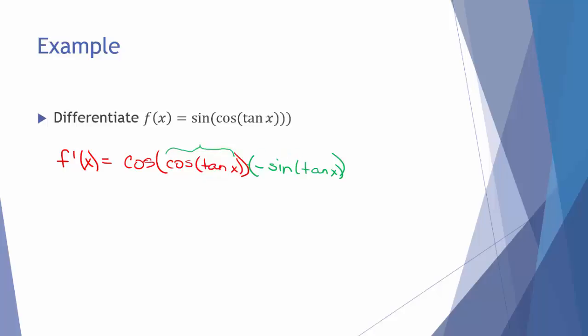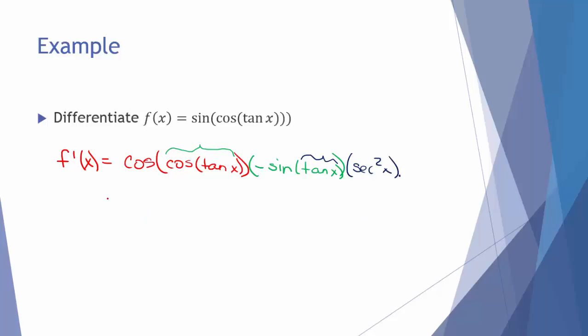But now that's the derivative of its outside function evaluated at its inside function. But we now have another inside function, which means we need to multiply times the derivative of its inside function. So the derivative of tangent x is secant squared x.